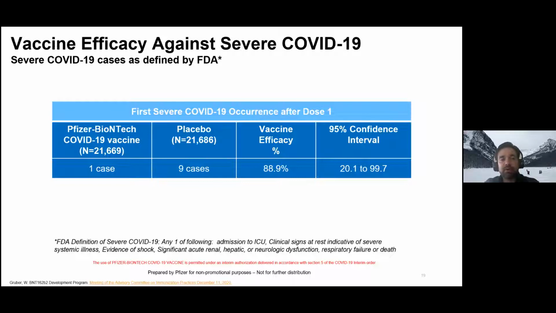And when we did that, there was 1 case in vaccine arm and 9 cases in placebo arm, and the vaccine efficacy is around 90%. And when you look into the cases, the cases in the placebo arm had more severe outcomes than what the 1 case showed in the vaccine arm. So again, this indicates that the vaccine is likely to be protective against severe form of COVID-19.